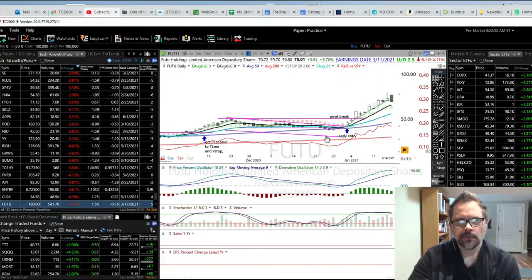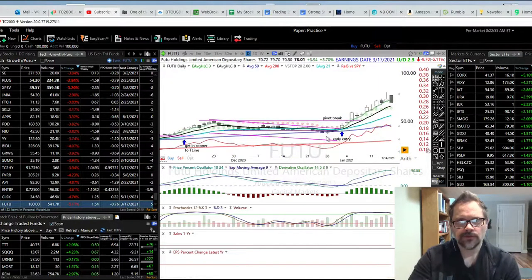The other thing that you can notice is the red dots and the green dots. Those are volatility stops. They take into account the trading range of the stock. So when it's red, you generally don't want to be buying it. You want to potentially be shorting it.